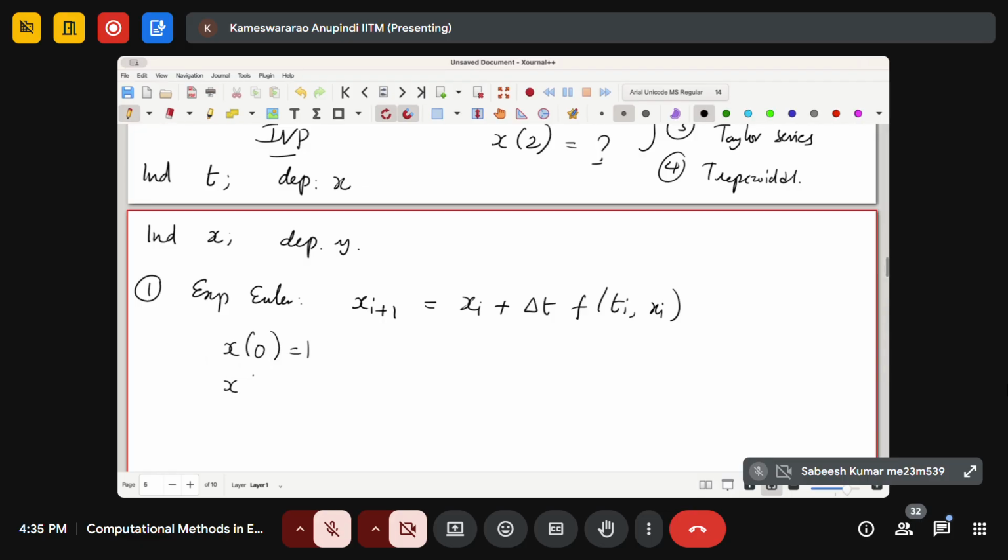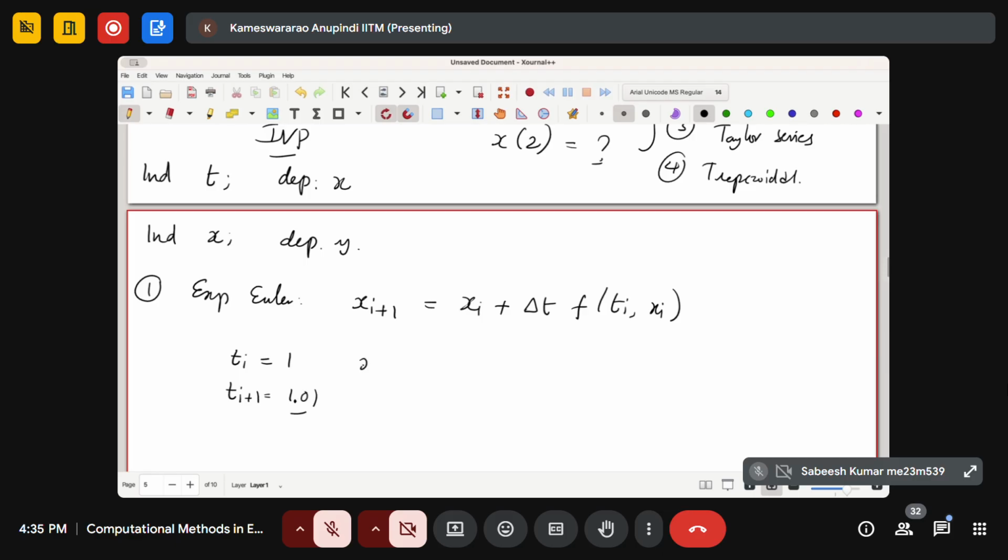And then we want to calculate x_{i+1}, that is, after delta t. Sorry, that's not 1.01. So t_i equals 1, and we have to calculate t_{i+1} equals 1.01.